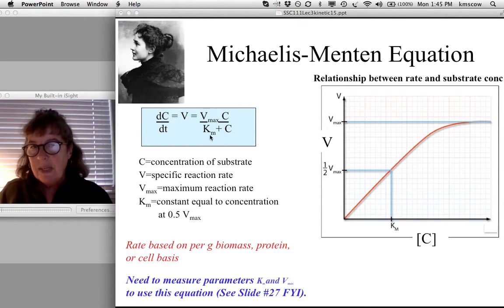I think this should all be clear from the graph, and everything is pretty self-evident. So this rate, you don't see it here, but is based on a per gram biomass or protein or per cell basis.